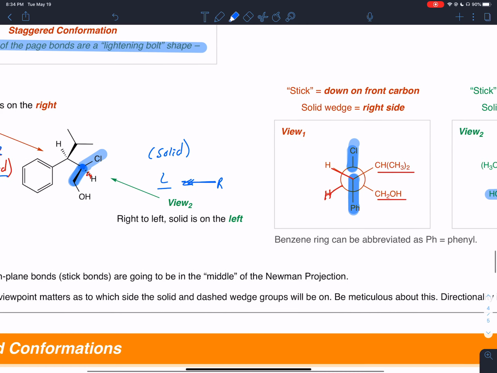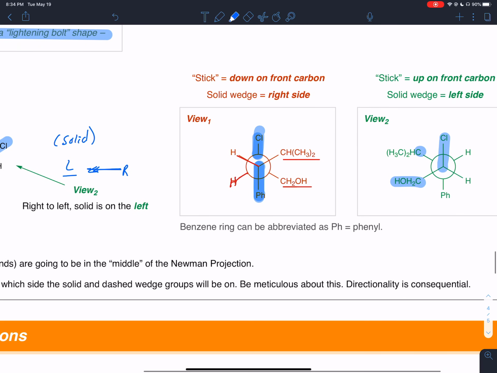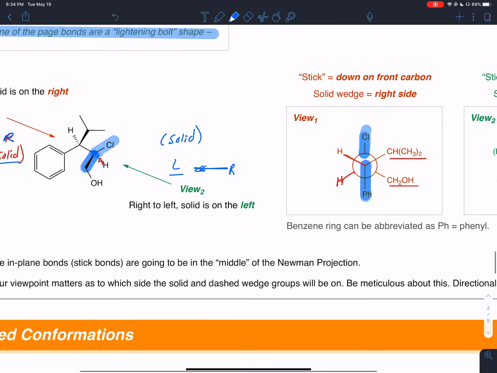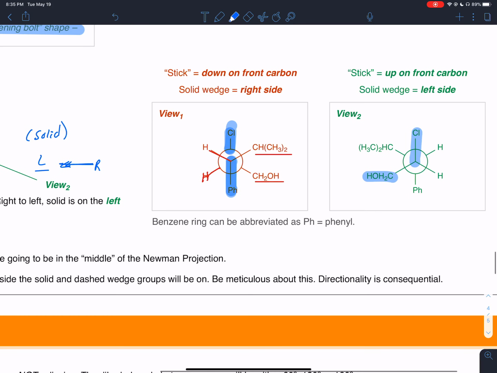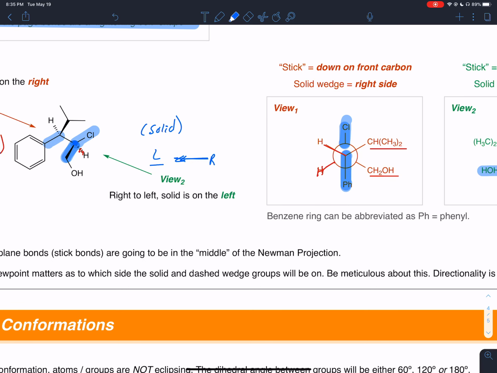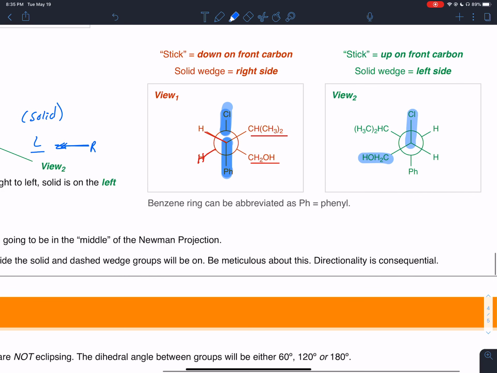On the back carbon, the solid wedge isopropyl group will still be on the left side, and the hydrogen, which is dash wedge, will be on the right side. The phenyl, which is in the plane of the page and pointing down, is in the middle of the structure pointing down. Okay?